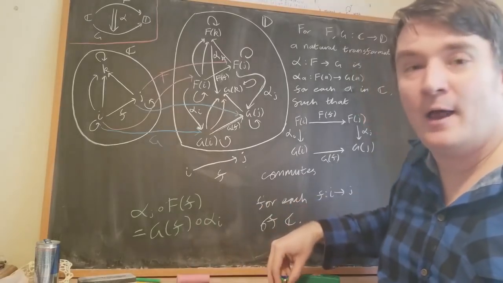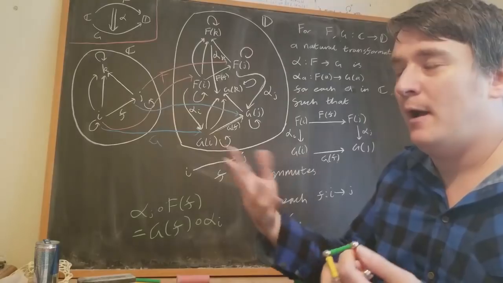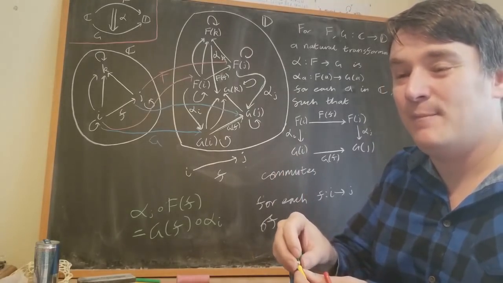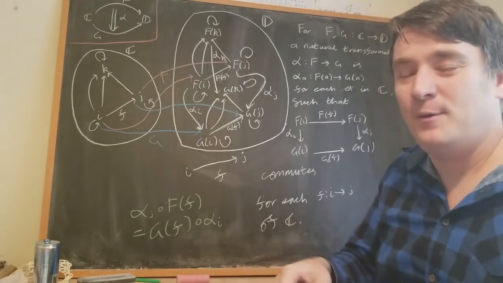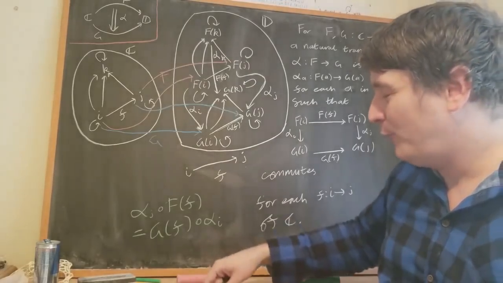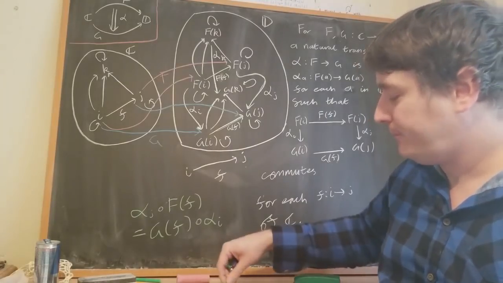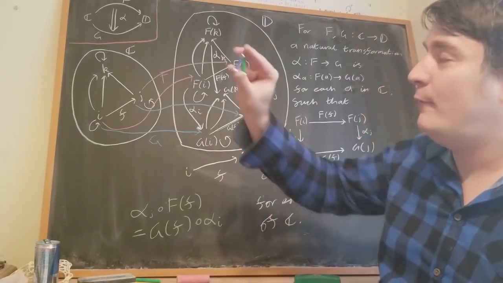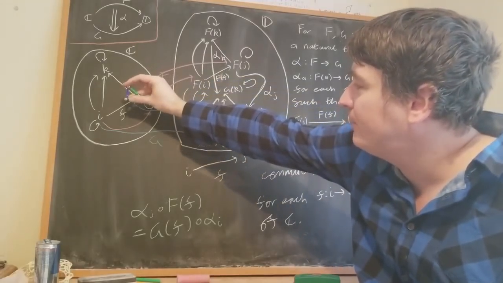Okay? So the way I like to think of natural transformations, I like to try and give things a sort of geometric interpretation, but this is just for personal intuition. I don't know if it's helpful to everyone, but the way I like to think of it is that, let's say we have some structure in our original category.